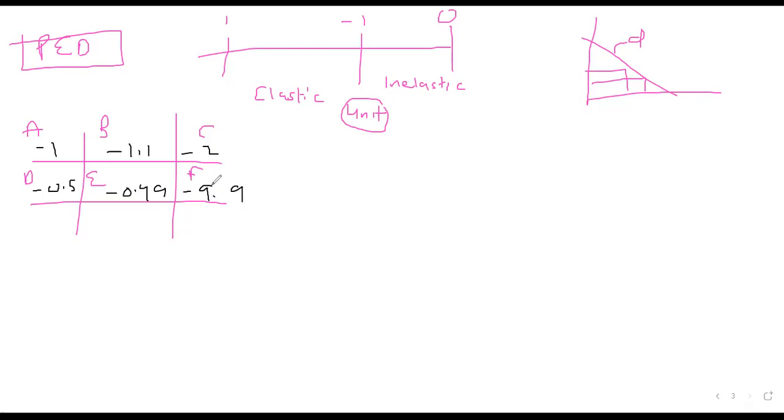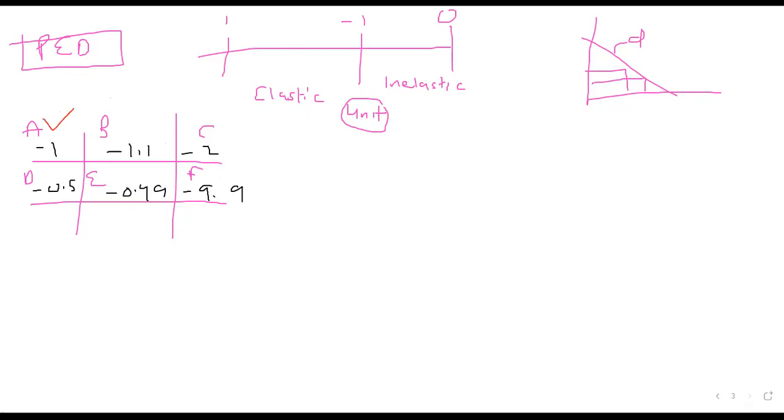So between A, B, and C, which one is elastic, unit elastic, and inelastic? So just tell me whether it's elastic or inelastic. A is what? Unit elastic. Unitary or unit elastic.